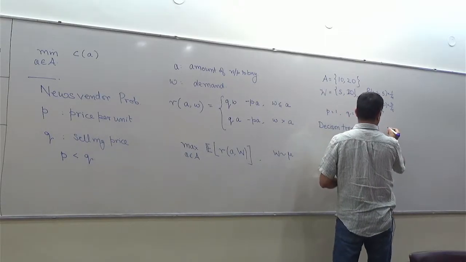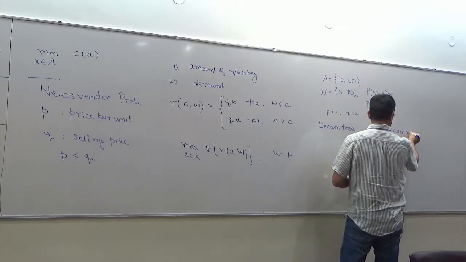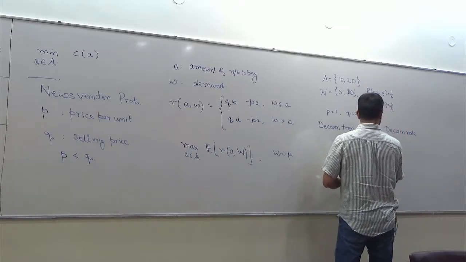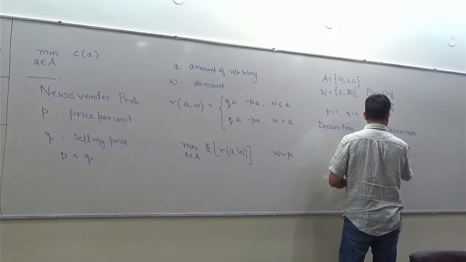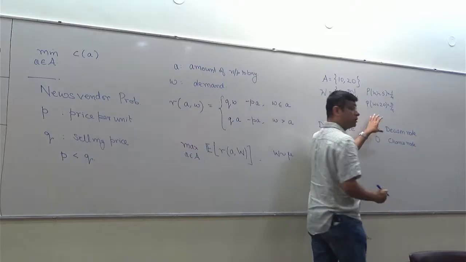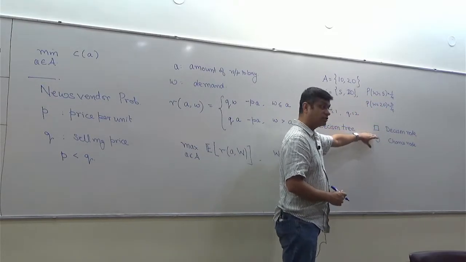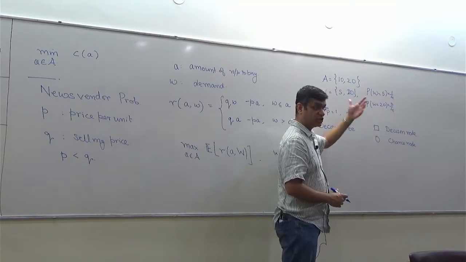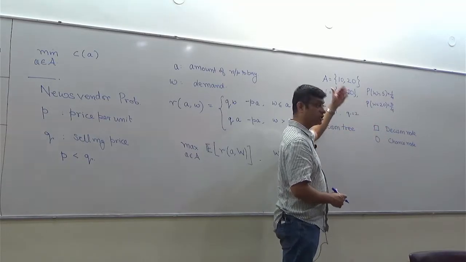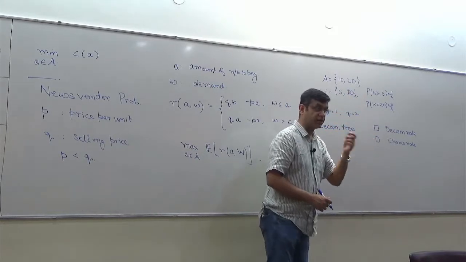A rectangle, which I'll call a decision node, and a circle, which I'll call a chance node. Decision node is the node where my decision maker or the agent acts. At chance nodes, I'm going to model that nature acts, and nature chooses the realization of random variables according to a pre-specified PMF.